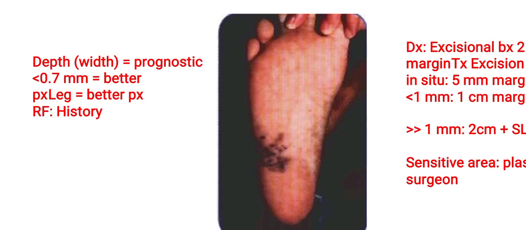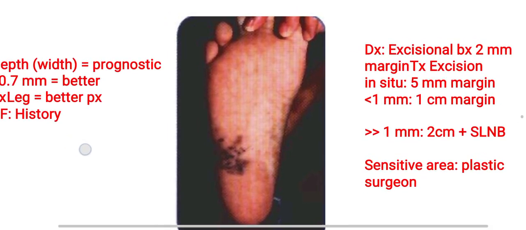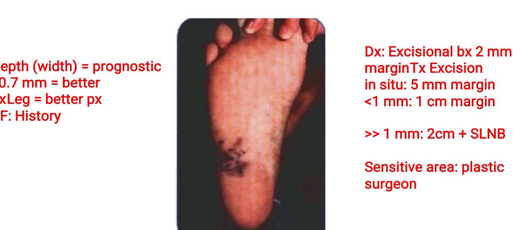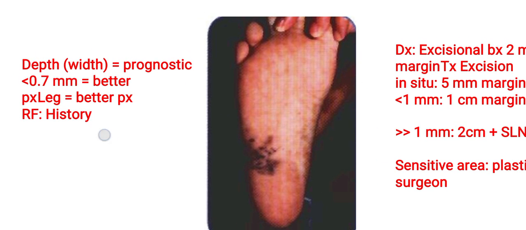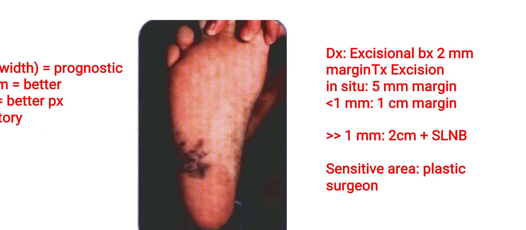Because melanoma comes frequently in the exam, you have to go through this topic in detail. The ABCDE criteria is very important: asymmetry, border, color, diameter, and evolution. So you should keep the ABCDE criteria in your mind. This is the picture of melanoma. If it is in a sensitive area like the face, then we have to refer to the plastic surgeon.